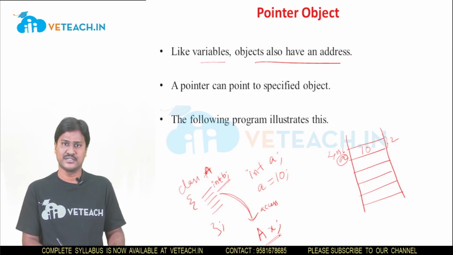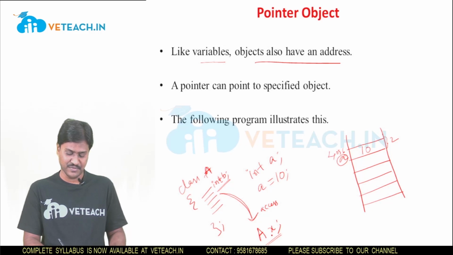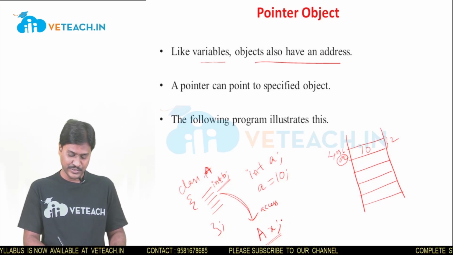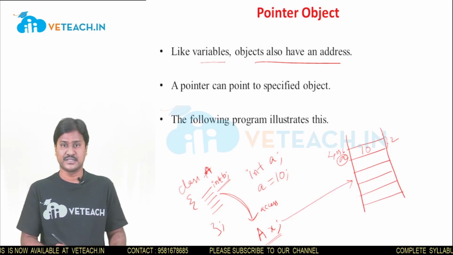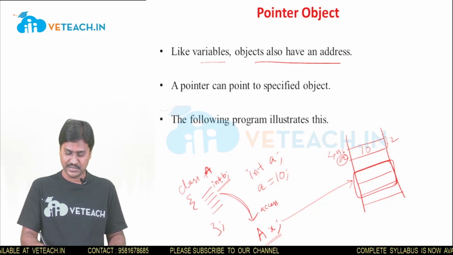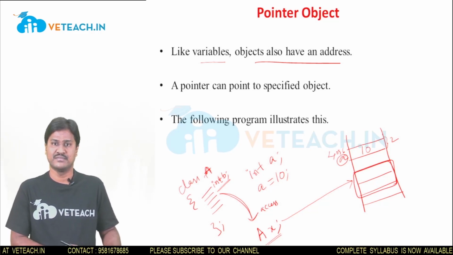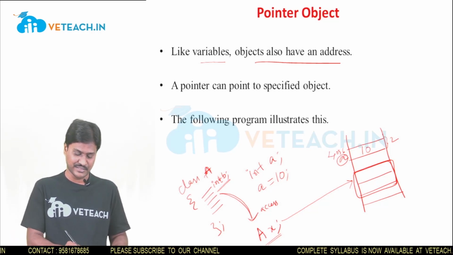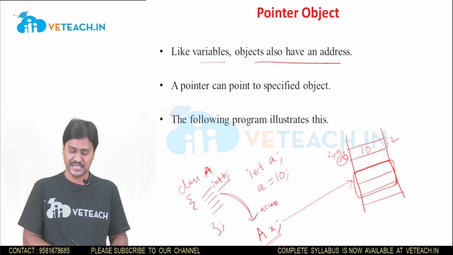So the declaration of an object is nothing but the class name followed by the object name. Now x is an object of this class A, and when we created a memory for this class A, some part of memory is reserved for this object to hold the values of the data variables defined inside the class. For example, there is an integer variable b.